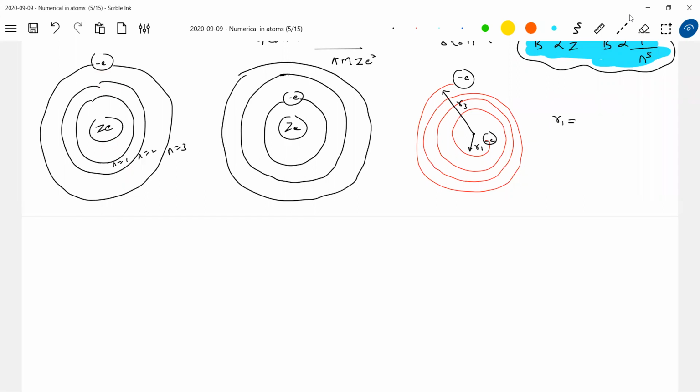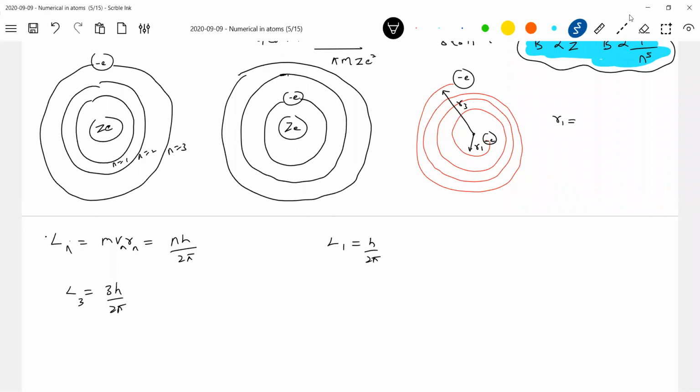So now a few things like angular momentum. What is the angular momentum? We know angular momentum L should be equal to mvr, and this should be equal to nh by 2 pi in the nth Bohr orbit. So in the third orbit it should be 3h by 2 pi. Finally, when it lands in the first orbit, this should be h by 2 pi.